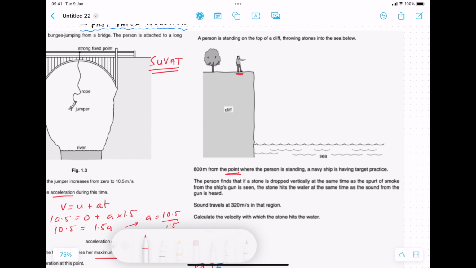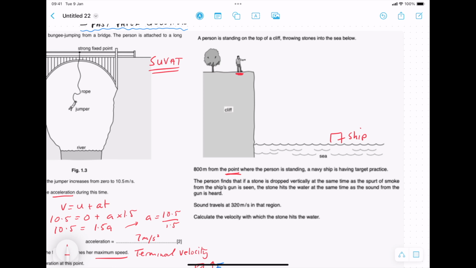So what do I need to do? How do I work this out? Well, I think it would be a good idea to add to the diagram the information that we're given. 800 meters from the point where the person is standing, a Navy ship is having target practice. So let's put that in somewhere random. So there.